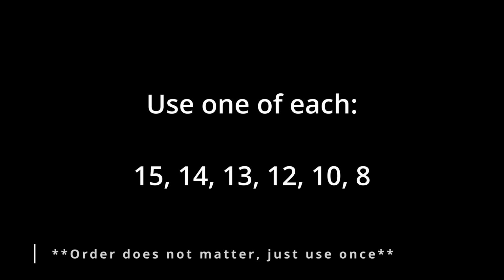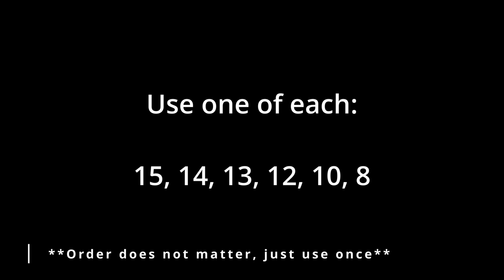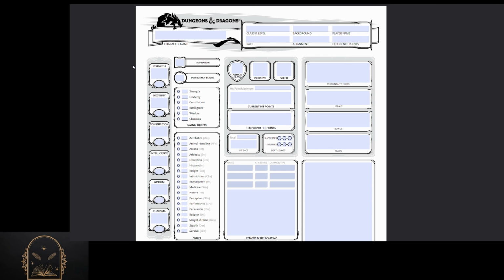The first method is to use a standard array in which you get a 15, a 14, a 13, a 12, a 10, and an 8. So with this sort of standard array, you can then assign them to whatever attribute you want.